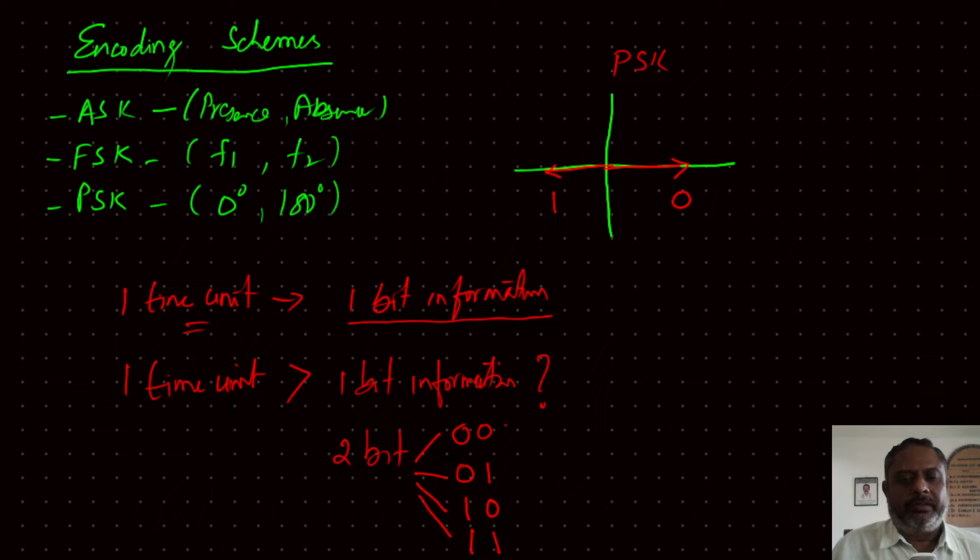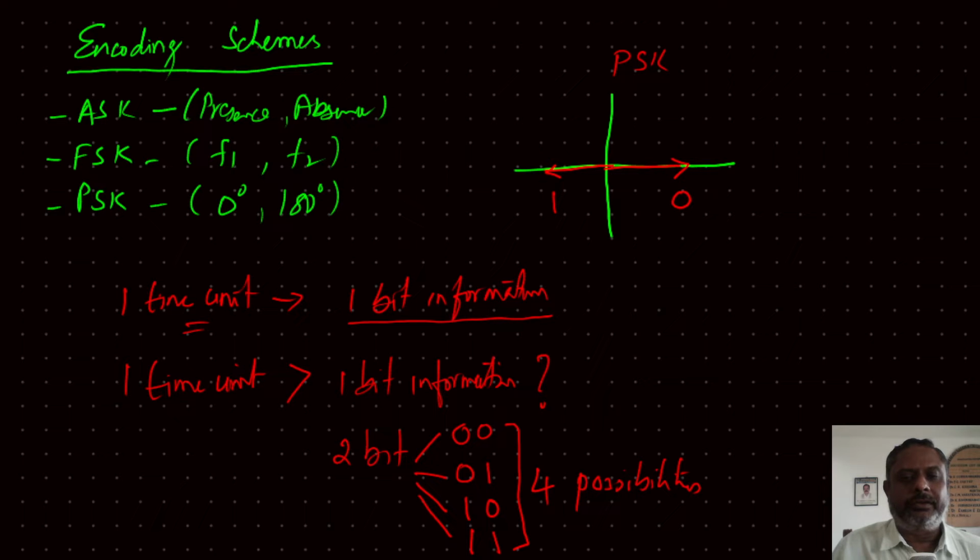So that means we have totally 4 different possibilities. So your input can have any one of these 4 possibilities. So that means if I want to send 2 bits at a time, then I should somehow make sure that there are 4 instead of 2.